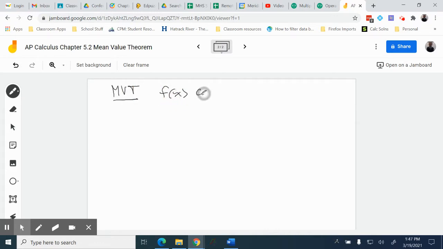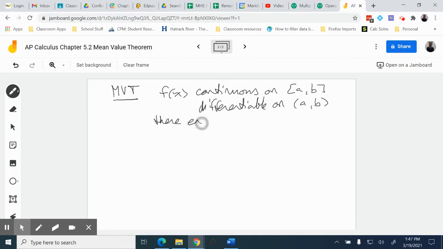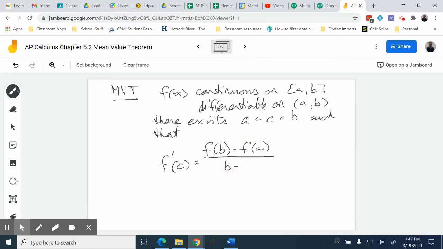For f of x continuous on the closed interval a b and differentiable on the open interval a b, there exists some value of c, which is in the interval a b, such that the instantaneous rate of change of the function at that point c is equal to the average rate of change of the function between b and a.